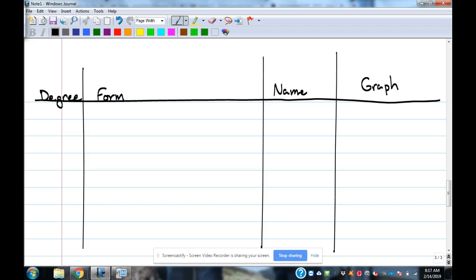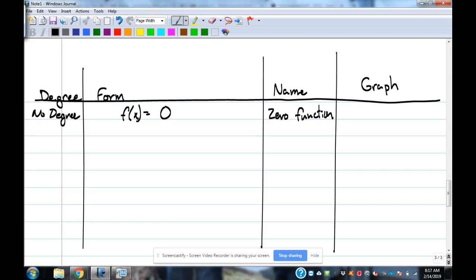So degree, we have polynomials that can have no degree. It's the most forgotten polynomial in the world. It has no degree. It is f of x equals 0. Its name is the zero function. That's just what it's called, the zero function.